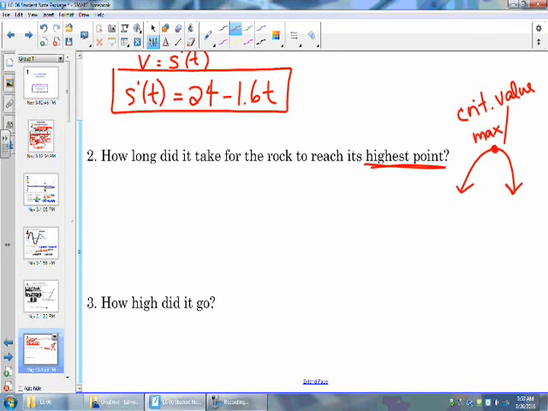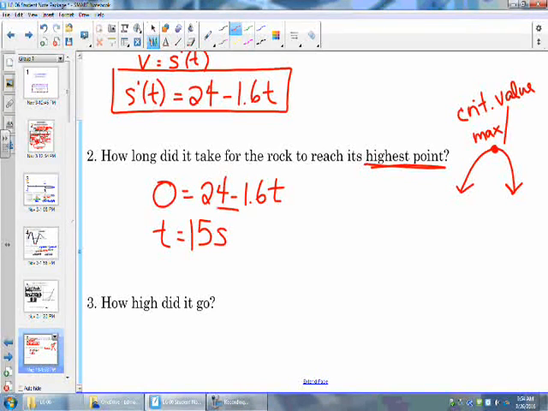Okay? And remember, how do I find a critical value? I set my derivative equal to 0. So I've got 0 equals 24 minus 1.6t, and at that stage now we can solve for t. So minus 24 divided by negative 1.6, t is going to be equal to 15 seconds.